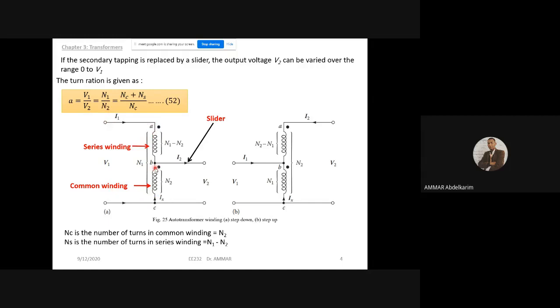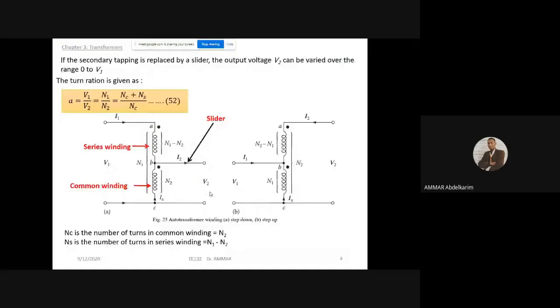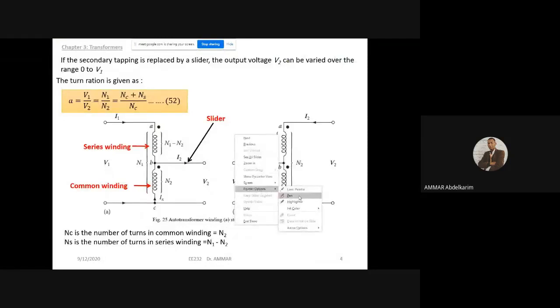We said N1 is the number of turns from A to C, and N2 is the number of turns from B to C, the auto transformer. So it's a transformer with slider.